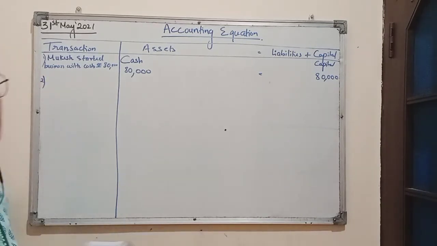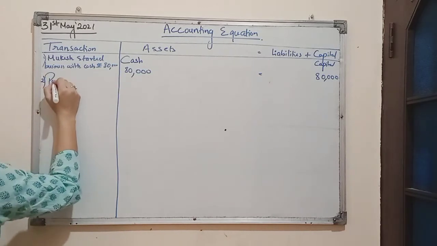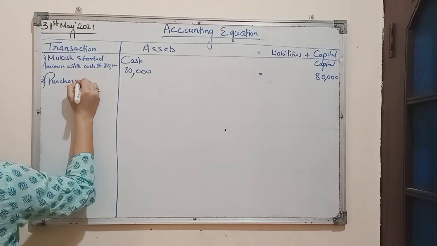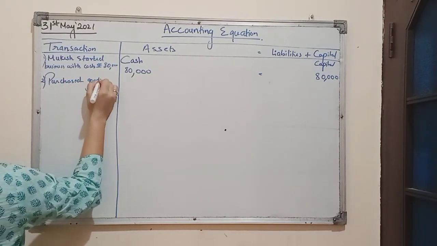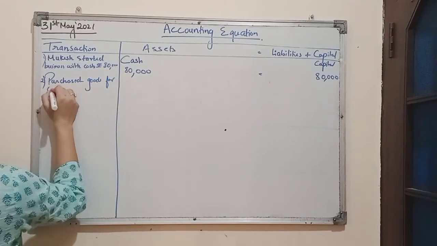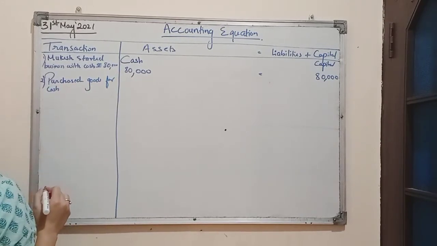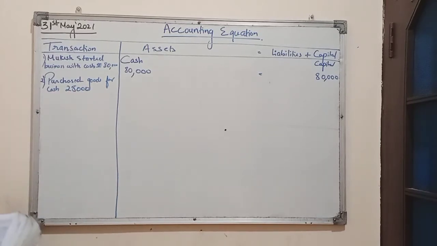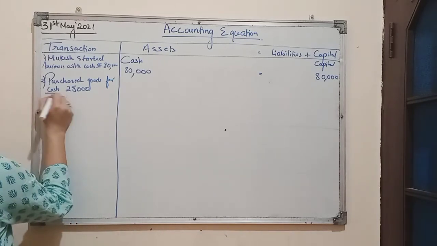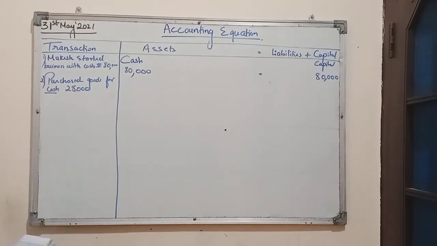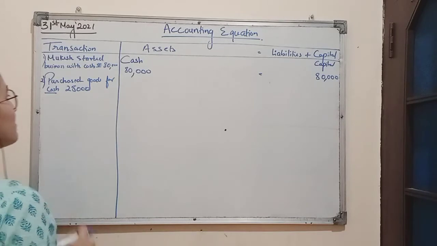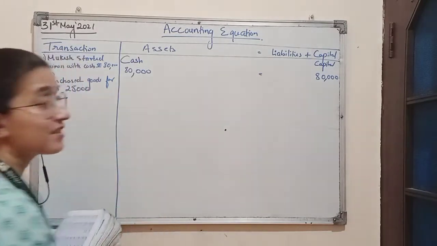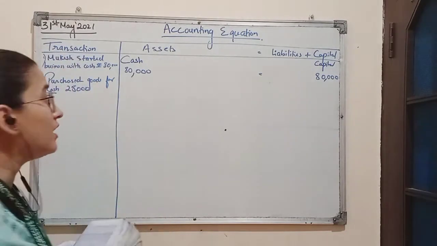Now the second transaction is purchased goods for cash amounting to rupees 28,000. Here goods have been purchased for cash. That means this transaction is affecting an asset, which is cash. If goods are purchased for cash, that means there is an outflow of cash from the business.